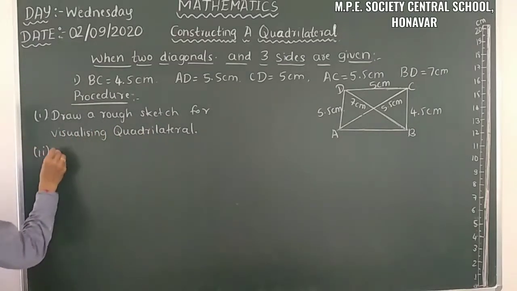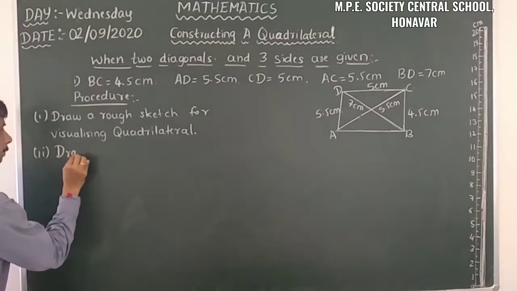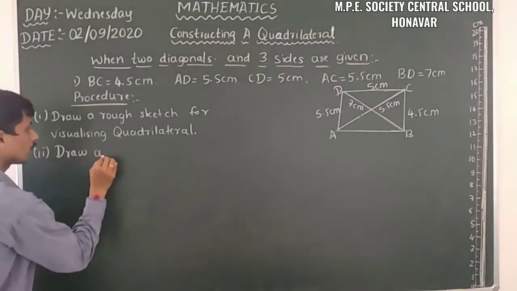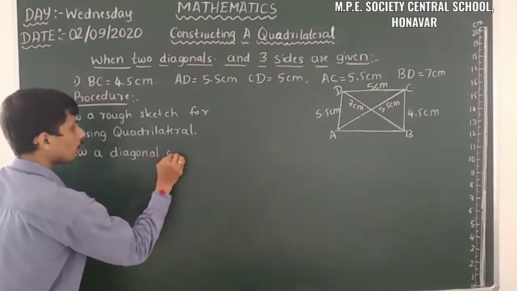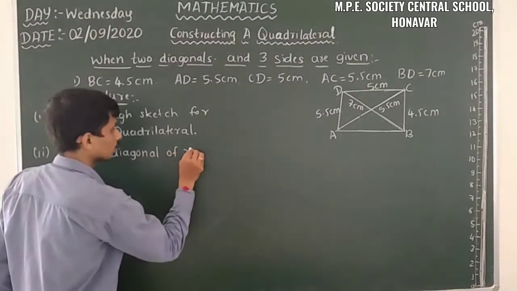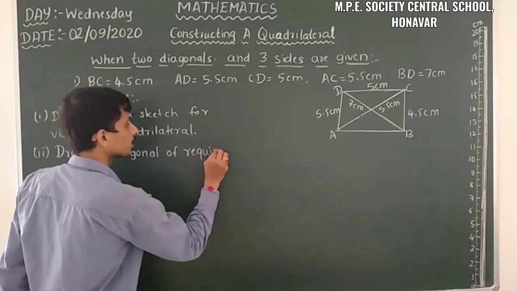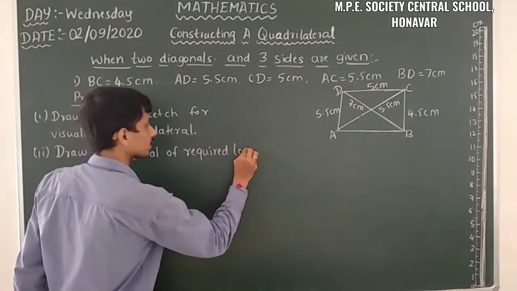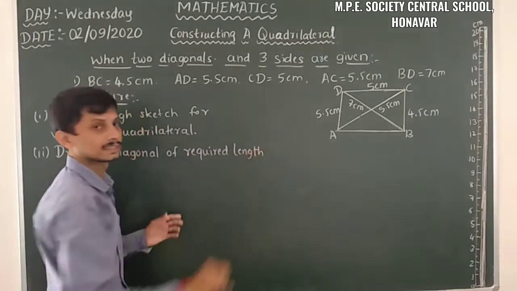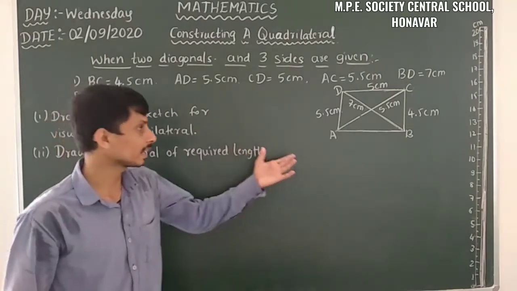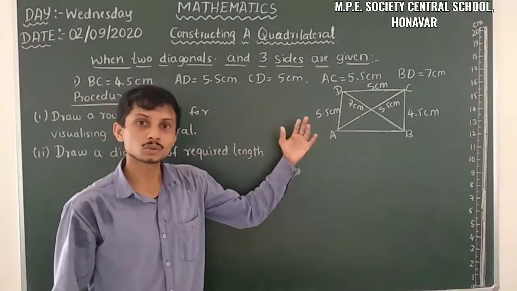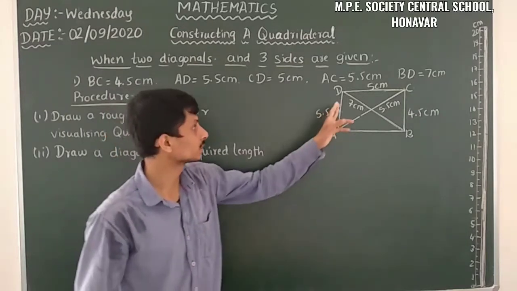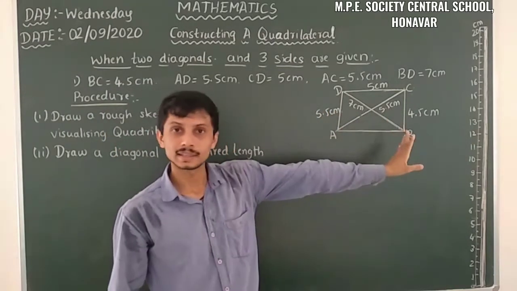Draw a diagonal of required length. Here there are two diagonals, and you have to select one of them, whether it is BD or AC.